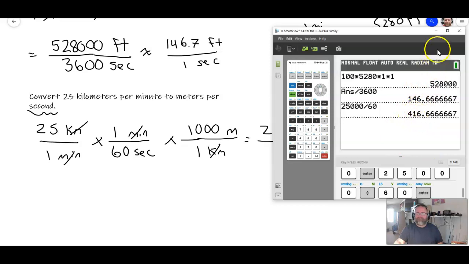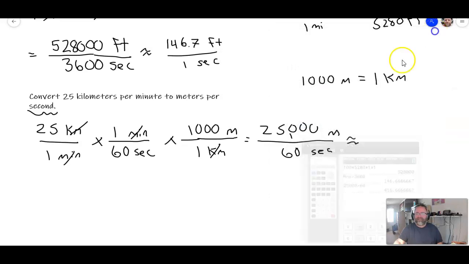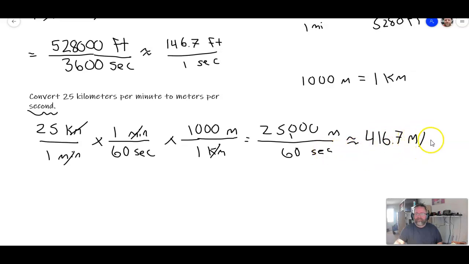Same numbers, just different order. So 416.7, and that's going to be meters per second. And you can write that as meters per second. There's lots of different ways to write that. All right, let me just double check. 416.7. All right, very good.